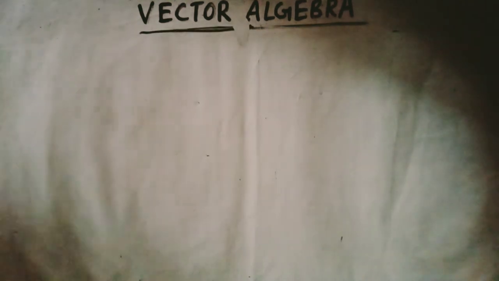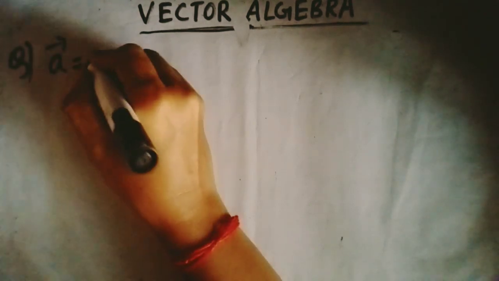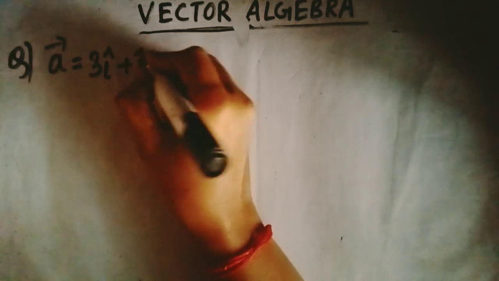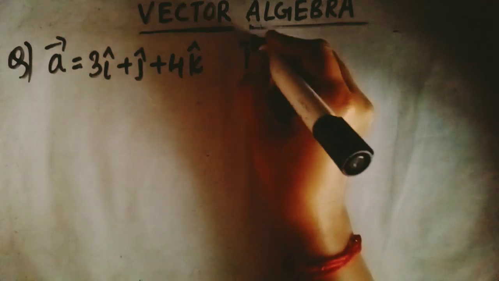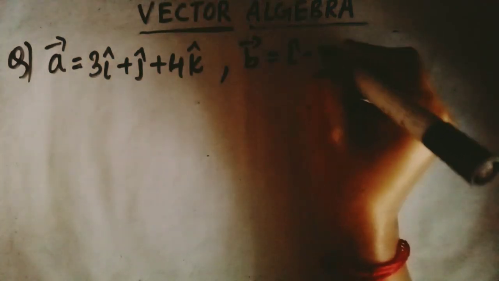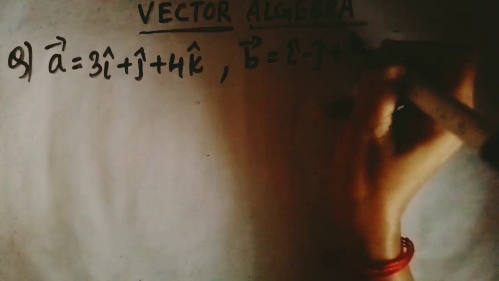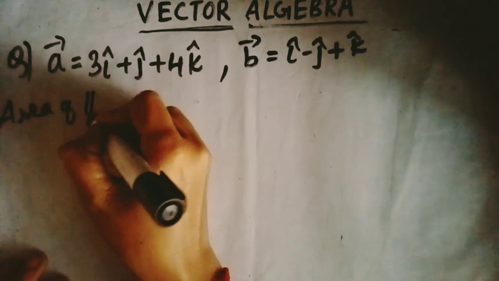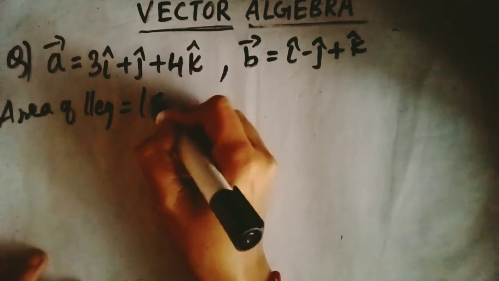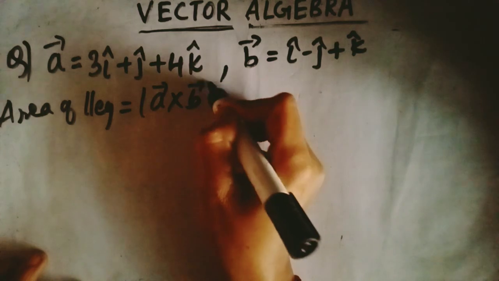Okay. Next is you have to find the area of a parallelogram whose adjacent sides are given by the vectors. So these sides are given: A is 3i plus j plus 4k and B is i minus j plus k. Okay, so area of parallelogram is given by mod of A cross B, right?